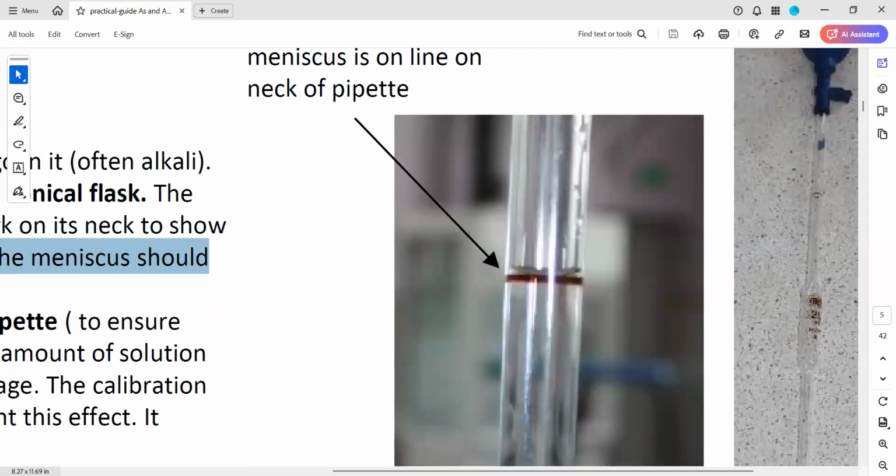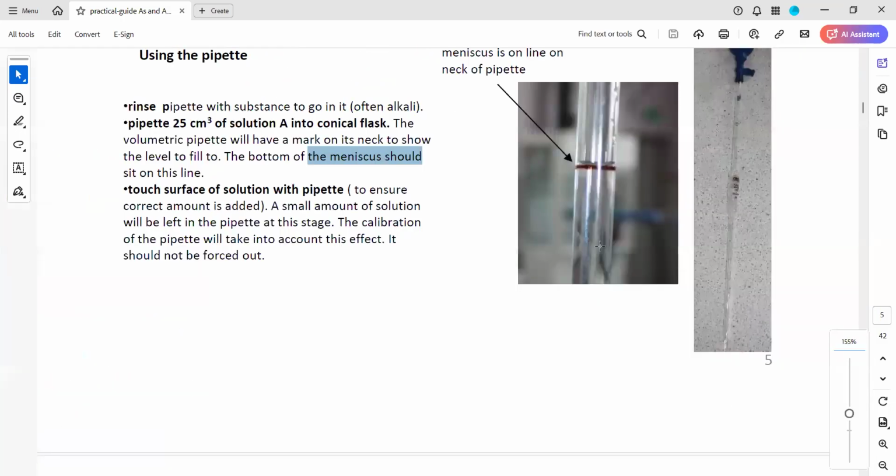Maybe the meniscus might be clear to you, like the curvature. So the bottom of the meniscus should be in line, because for these acids and alkalis, aqueous solutions, the bottom of the meniscus is used.